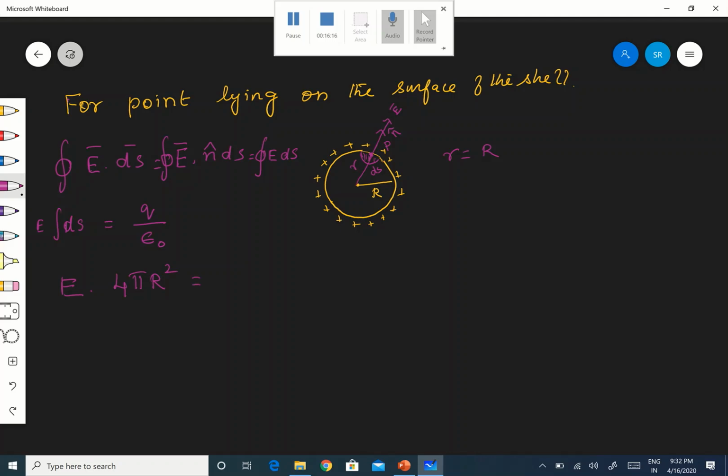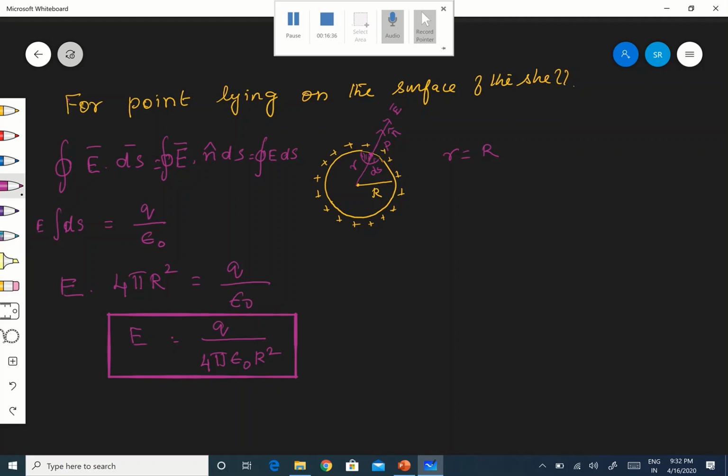That is equal to q by epsilon naught. Therefore E is equal to q divided by 4 pi epsilon naught R squared. This is the expression with respect to the charge q.